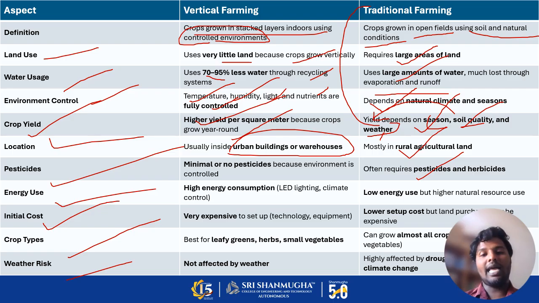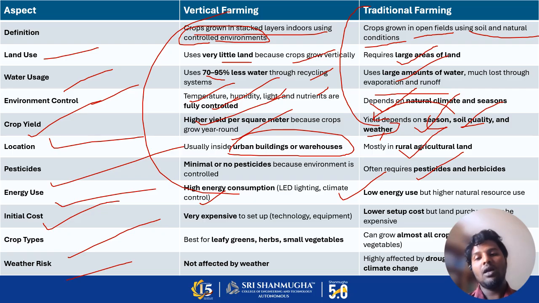Then the climate control done by IoT and artificial intelligence is electricity driven. So high energy consumption happens in vertical farming. That is one of the disadvantages of the system. Then in traditional farming, low energy is used, but higher natural resources are used.